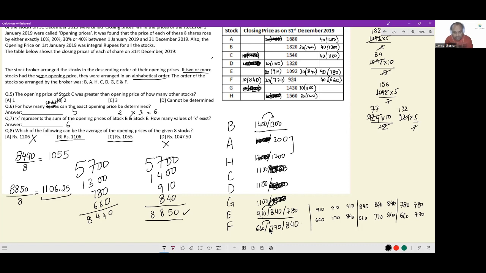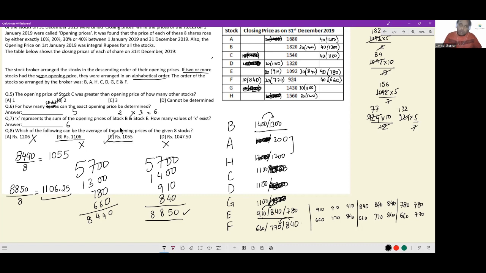Can you see, in any change that takes place, 880 turns to 770, or 840 turns to 770, any change that takes place. See, for the average to fall down by 0.25 for 8 terms, the summation should go down by 2. Is there any way in which the summation can go down by 2? No. So this is also not an average that is achievable.